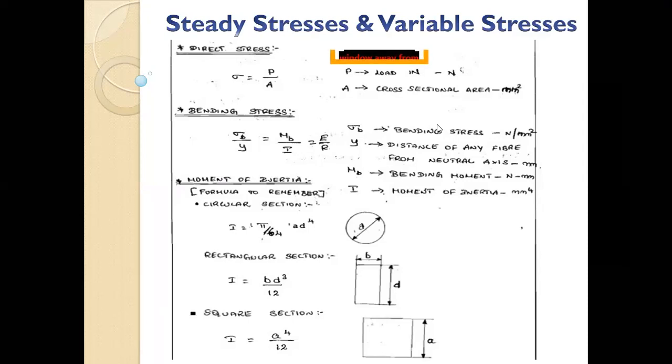You will know the load, and you can find out the areas or the dimensions. So this is the design procedure for any design. We do design with a factor of safety. Like for your bike, say the rod on which your wheel mounts, that rod is designed with a factor of safety of 2, because your bike is supposed to have that.